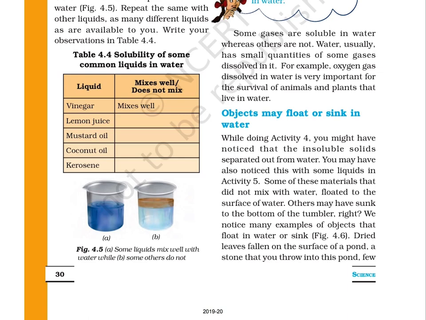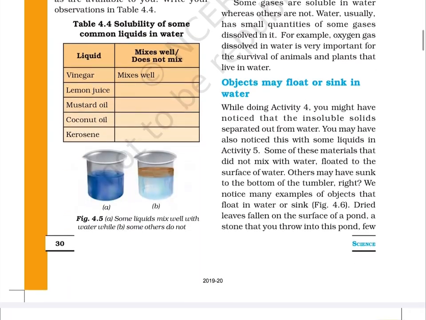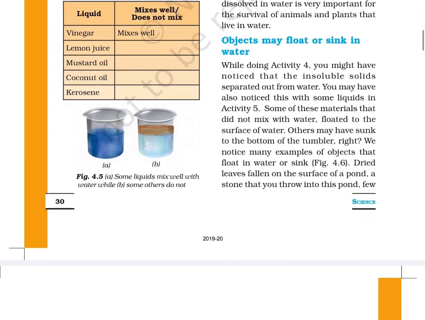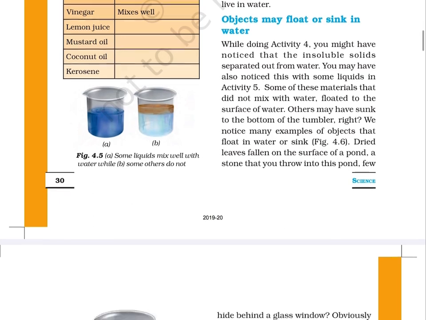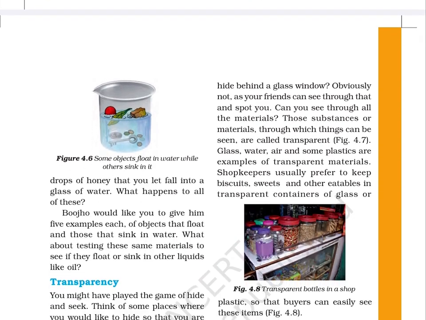Figure 4.6. Dried leaves fallen on the surface of a pond. A stone that you throw into this pond. Few drops of honey that you let fall into a glass of water. What happens to all of these? Page 31.